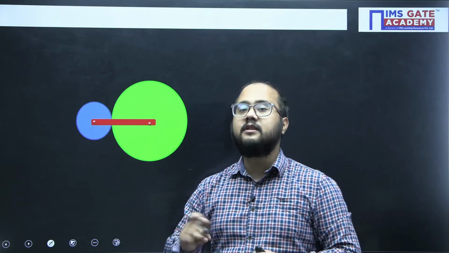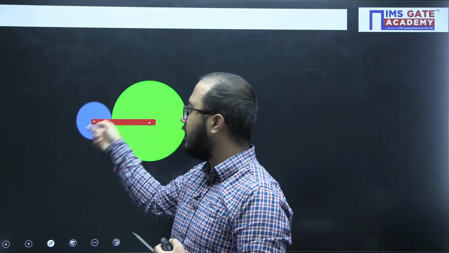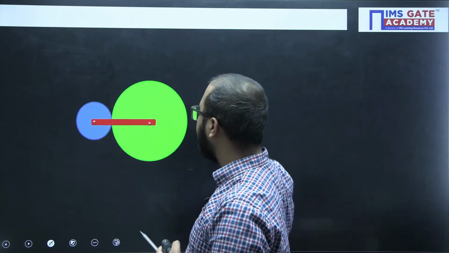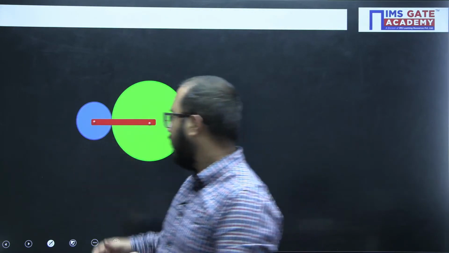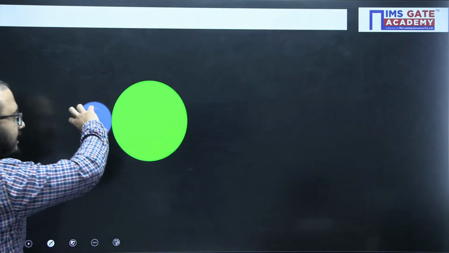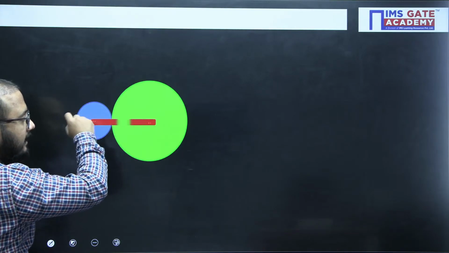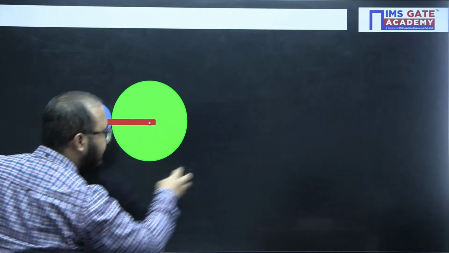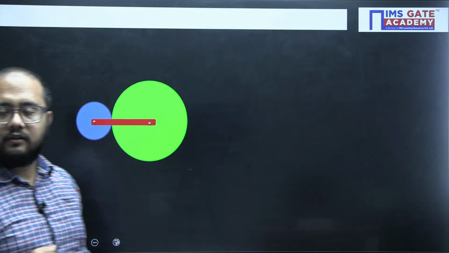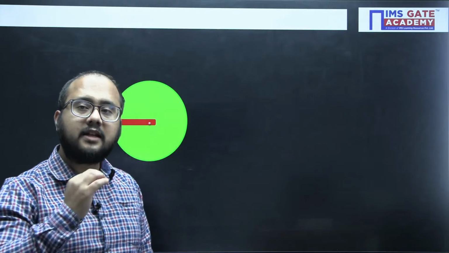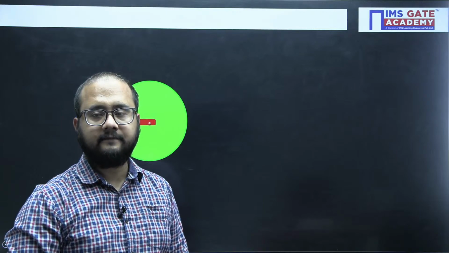Then there is a possibility that the blue gear, which rotates about its own axis, can now also rotate with respect to the axis of the green gear. If the arm was not there, it rotates only about its own axis. With the help of this arm, it can rotate like this as well. So there will be two motions involved. Such gear trains are known as epicyclic gear trains.